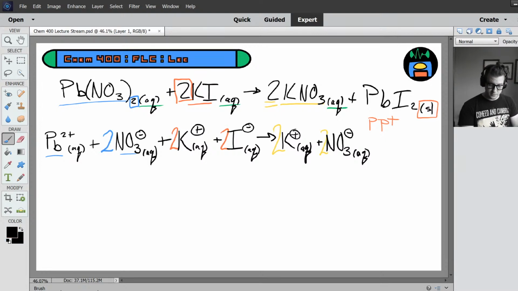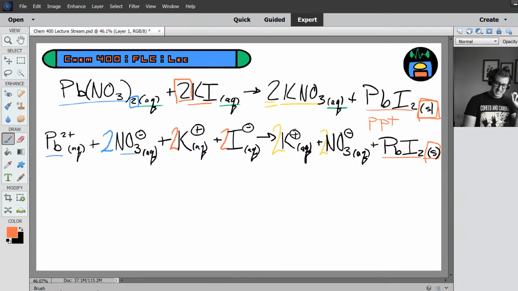And then finally, we write plus PbI2. Now, the important thing to remember is when you have a solid product, as we do here, it remains associated. You only break apart compounds that are in the aqueous phase. So you'll notice that we have 3 aqueous ionic compounds, and these are the ones that we split up into separated cation and anion pairs.